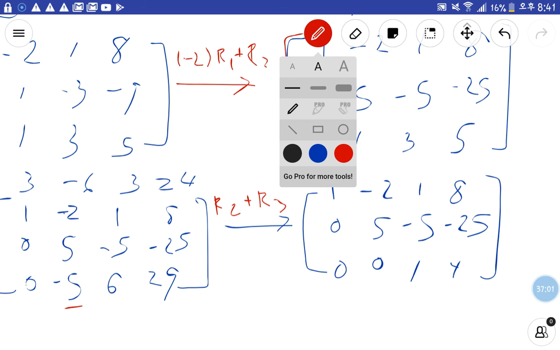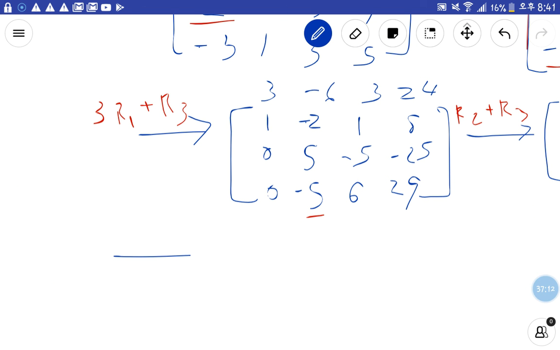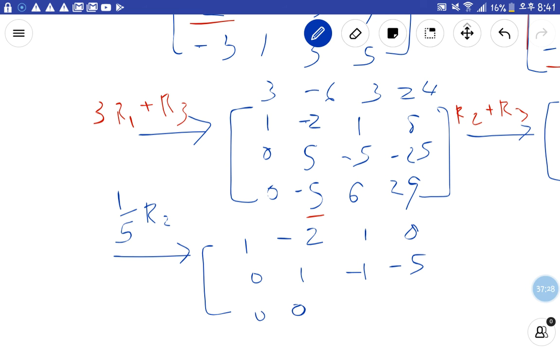I want to get rid of 5 to make 1. So easily I can just divide by what? 1/5, right? If you times 1/5 to your second row, you would have 1, -2, 1, 8; 0, 1, -1, -5; 0, 0, 1, and 4.